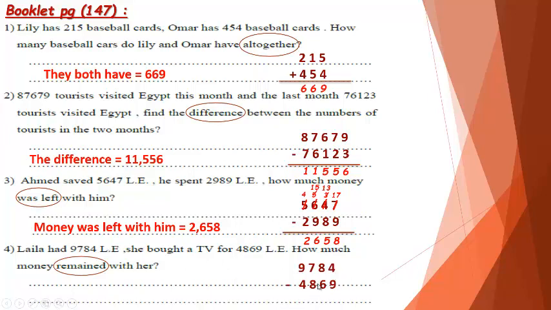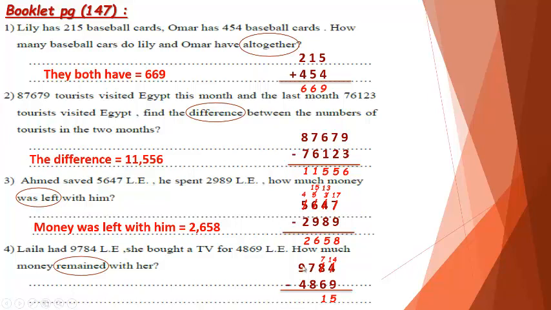9,784 minus 4,869. Let's start. 4 minus 9, it can't be. So I'm going to borrow 1 from the 8. It will be 7, and this 4 will be 14. 14 minus 9 equals 5. And 7 minus 6 equals 1. 7 minus 8, it can't be. Be aware, I cannot take a big number from a small number.